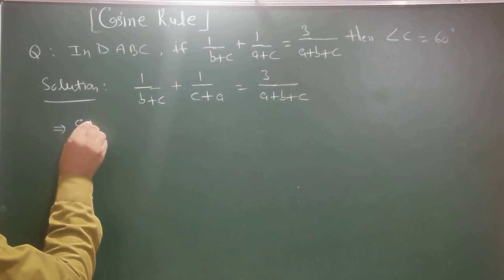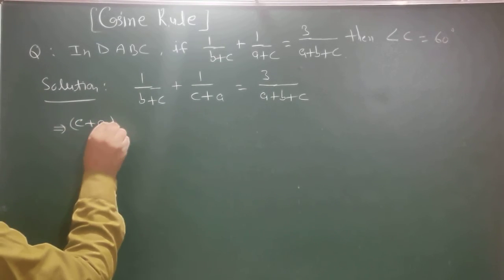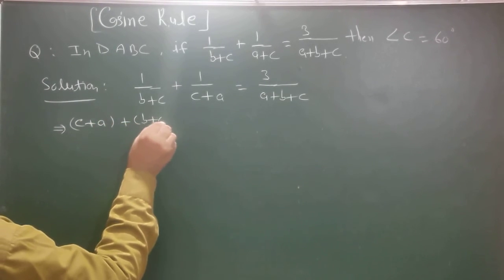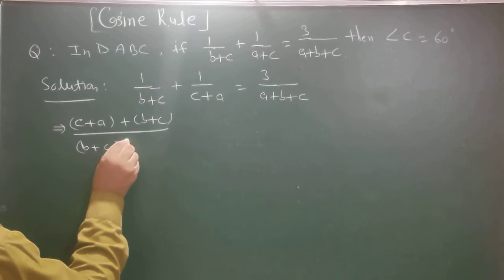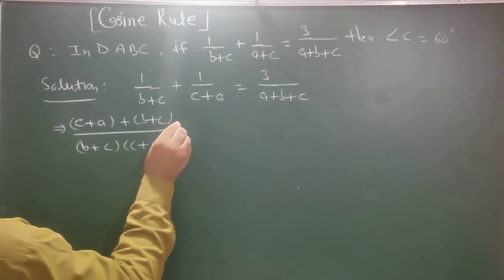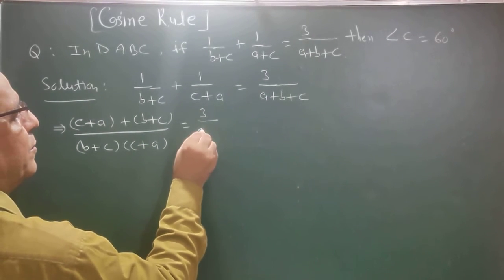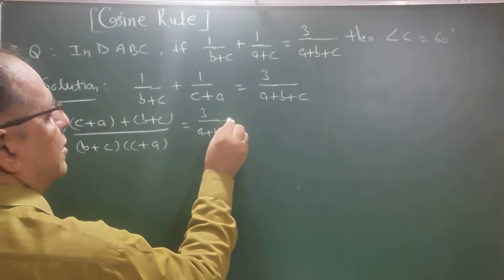So we have c plus a plus b plus c upon (b plus c) into (c plus a) equal to 3 upon a plus b plus c.